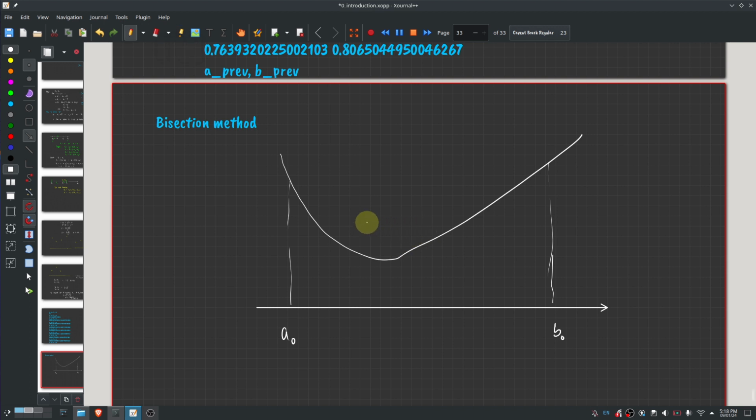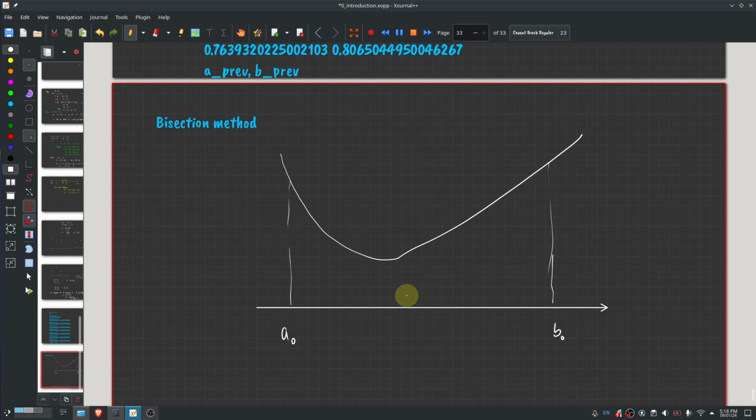If the minimum lies in between A0 and B0, then what should be the derivatives at A0 and B0? Yeah, so the derivative at A0 should be negative and the derivative at B0 should be positive.